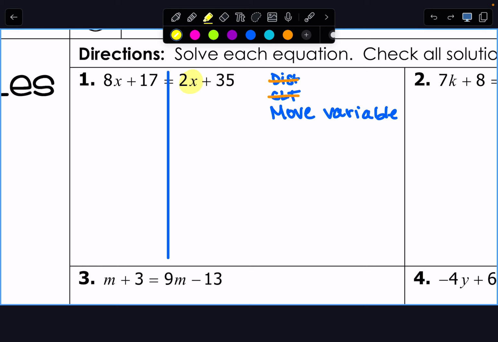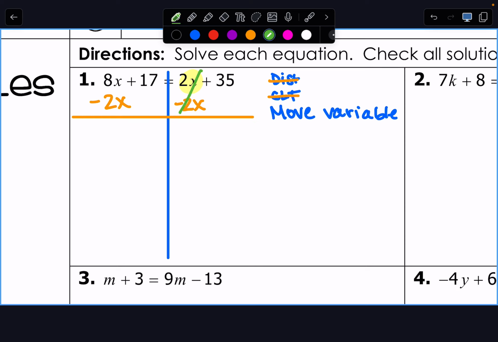So how are we going to undo 2x to move it over? You have two options. We're going to add or subtract it. If I add 2x, is 2x plus 2x going to cancel out? It is not going to cancel out. So we are going to subtract 2x from both sides.